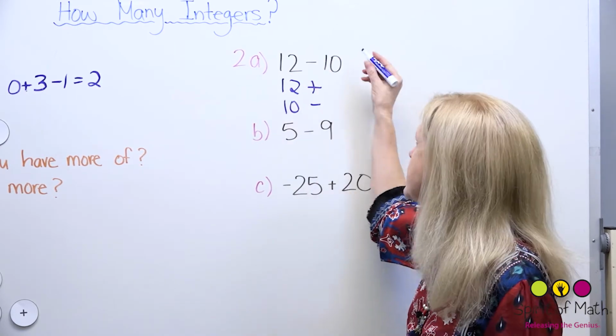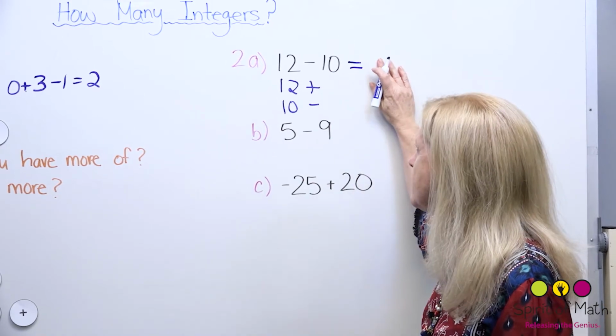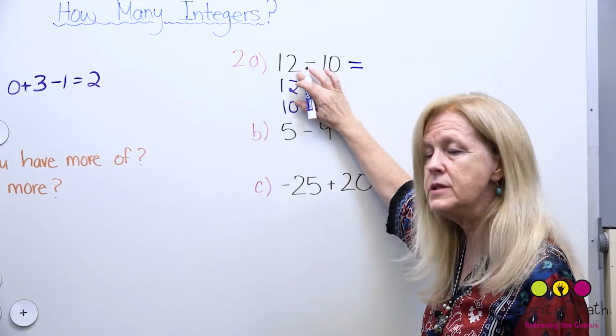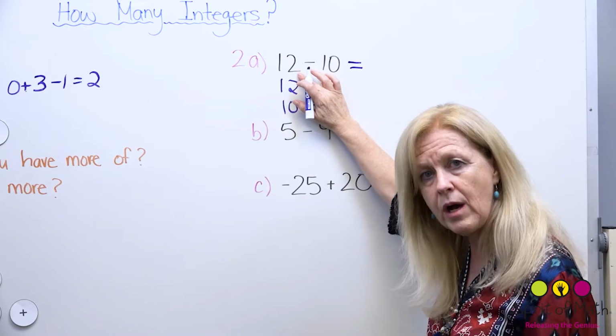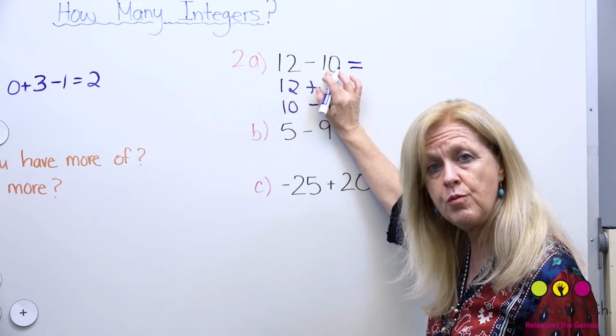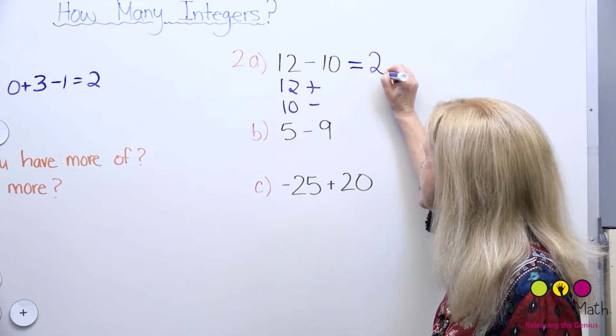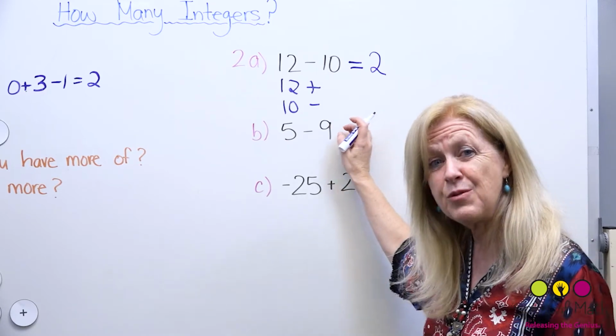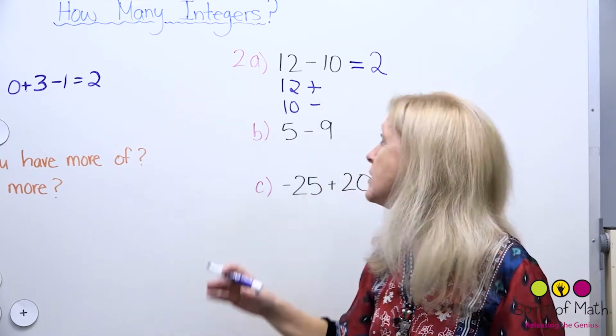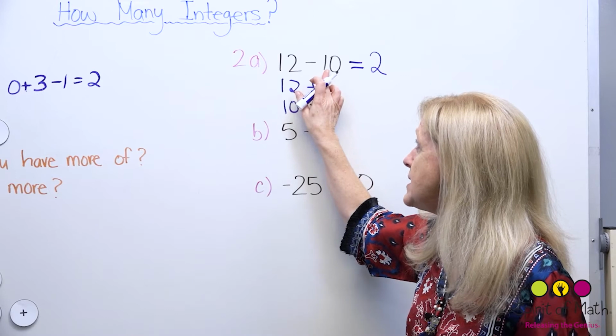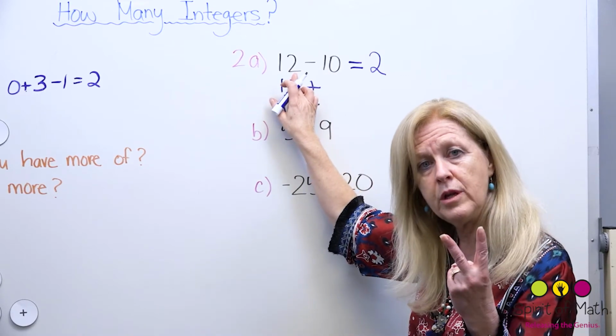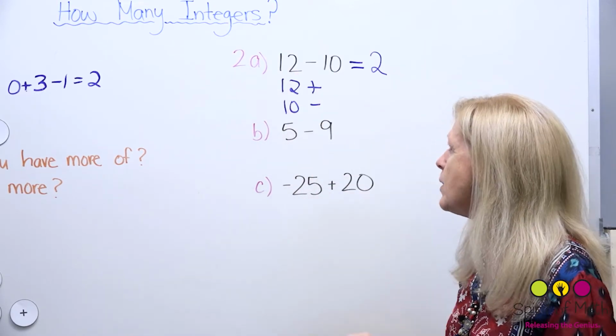The positive is, so it's going to be positive. And how many more positives? If you have 10 negatives and 12 positives, 12 is 2 more than 10, so the answer is 2. In fact, that's the way you can even think about subtraction, because the difference between 10 and 12 is 2. There's only 2 more for a 12.